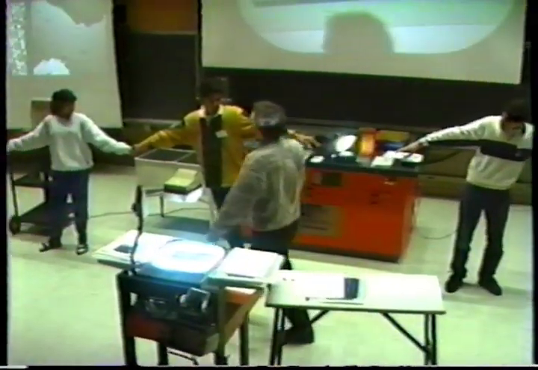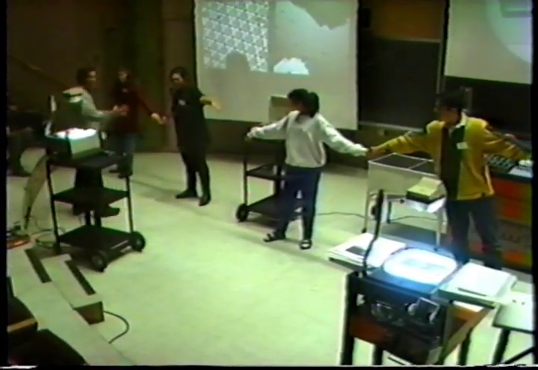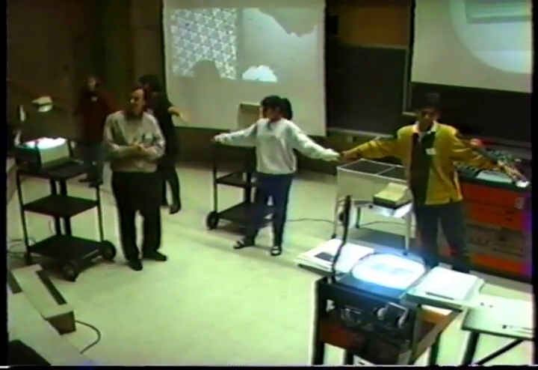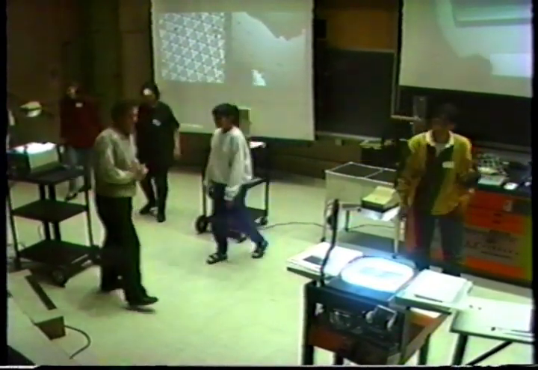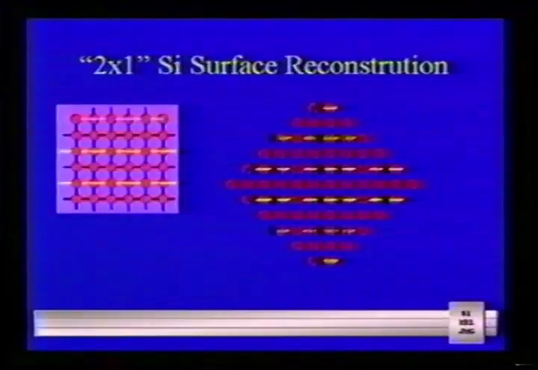The second atom is identical to this one, and so on. So it's paired up, if you like. And this reconstruction has doubled the spacing on the surface. Okay, thank you very much. I hope that made the point. So this is what's shown in the picture here, that after the atoms have moved, they've created a doubling of the period on the surface.